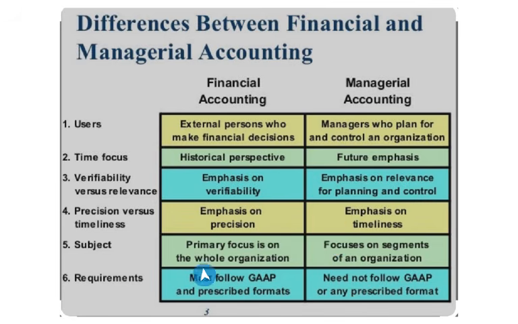Requirements, for GAAP, this is now talking about the US, but financial accounting, you must adhere to IFRS. So there's a specific prescribed format, while for management accounting, there's no prescribed format. Now, students, these are the differences between financial and management accounting.